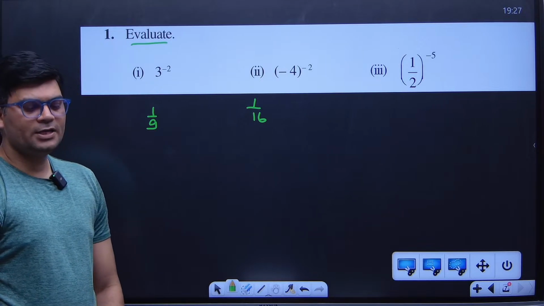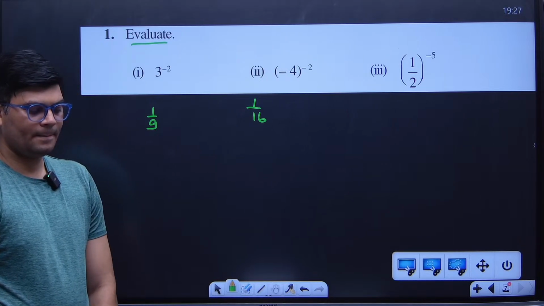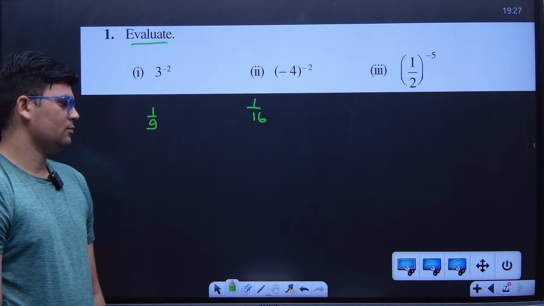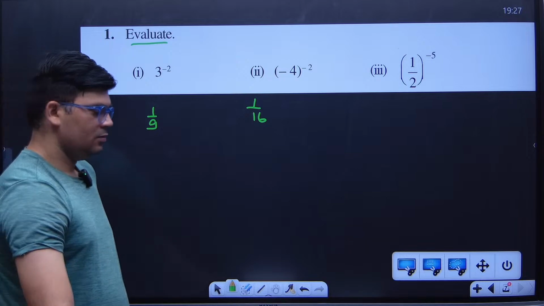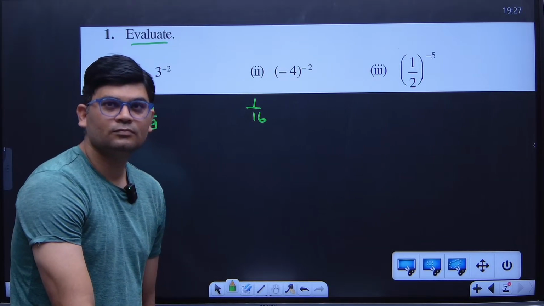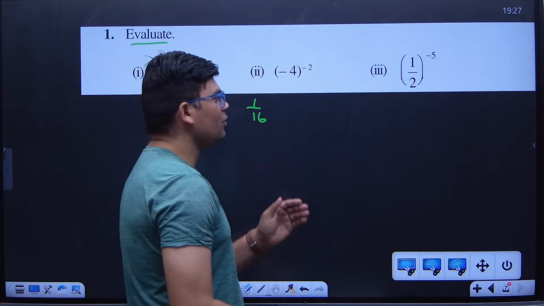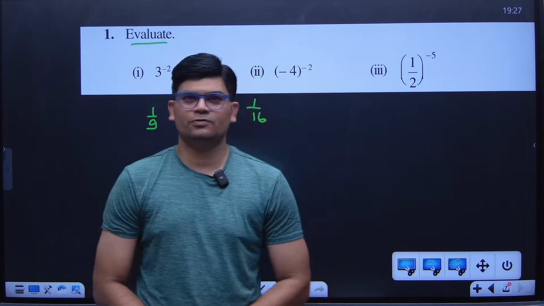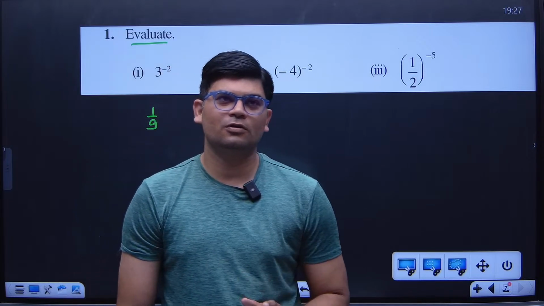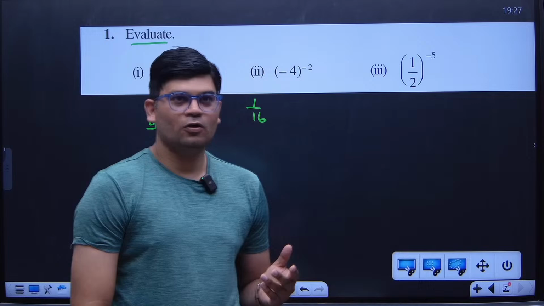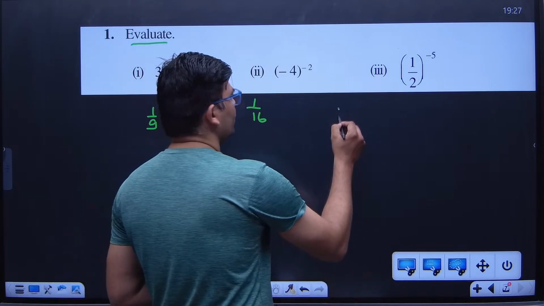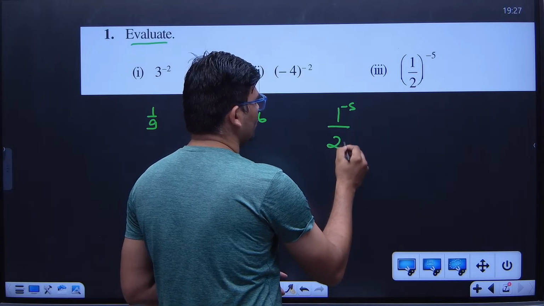1 by 2 raised to the power minus 5. Sir, will it be 1 by 3 to the power 5? No. See, first of all, which law of exponent will you take into use? First law, second law, third law, fourth law. Fourth law. In the fourth law, you can write like this: 1 to the power minus 5 divided by 2 to the power minus 5.